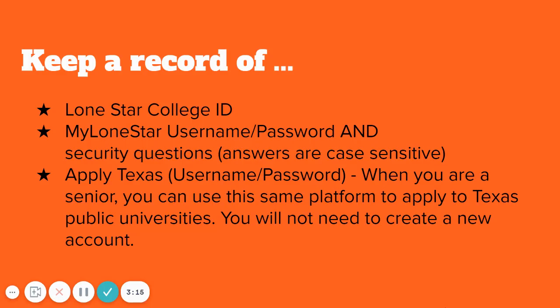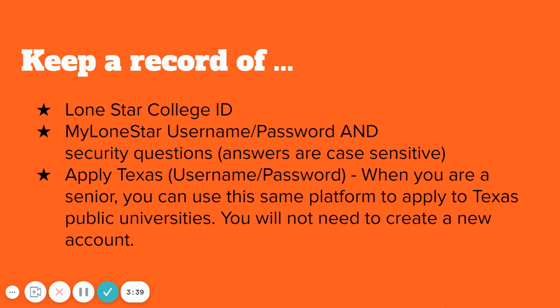After this, make sure that you keep a record of your Lone Star College ID, your My Lone Star username and password and security questions, and your Apply Texas username and password. You can use the password keeper I've posted for you because you're going to need these later. That Lone Star ID, you're going to need throughout the whole time.